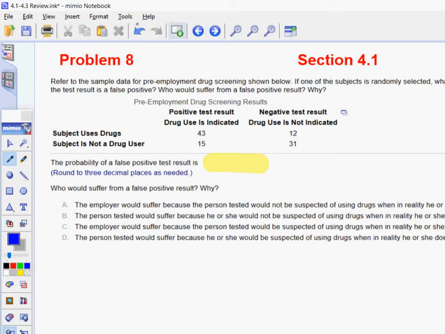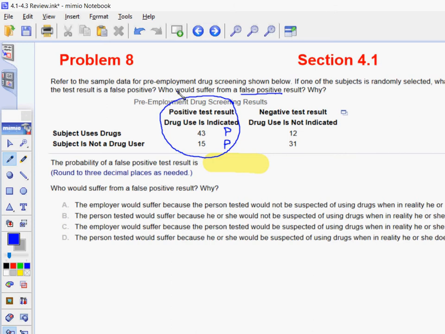Next question. Refer to the sample data for pre-employment drug screening shown below. If one of the subjects is randomly selected, what is the probability that the test result is a false positive? Who would suffer from a false positive result and why? False positive. Okay, well, let's take a look at all the positive test results right here. These are positives, and these are positives right here.